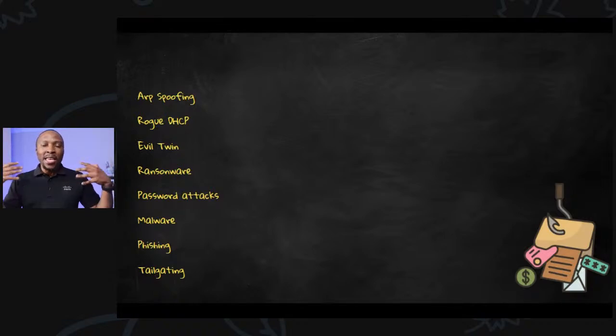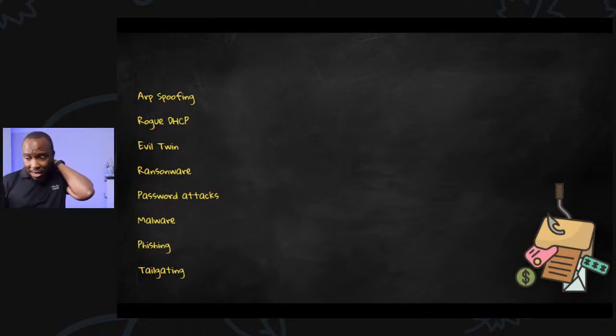Thus, they can capture the packets and manipulate or get access to the data. So it is important to protect your devices on the network using technologies that prevent such attacks from happening. The next attack is rogue DHCP.